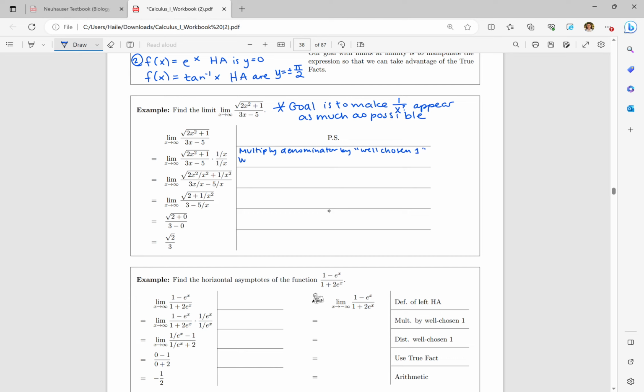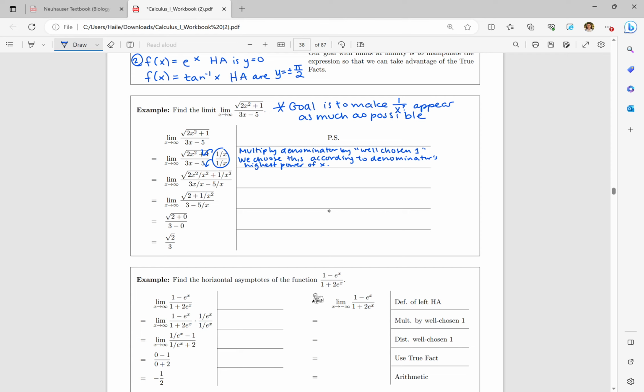So we choose this according to the denominator's highest power of x.